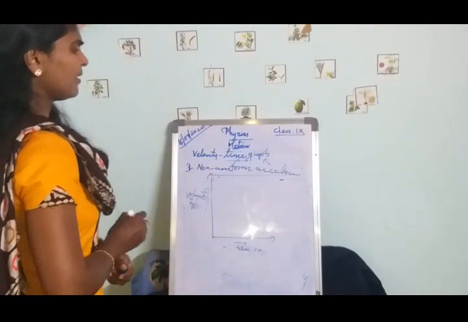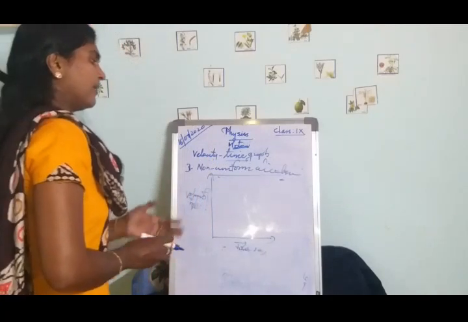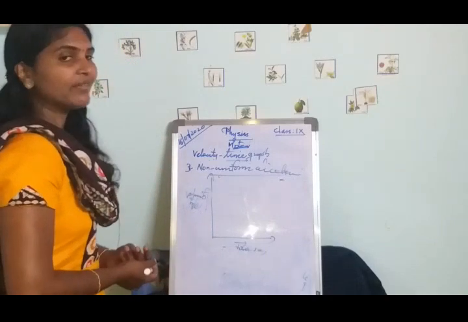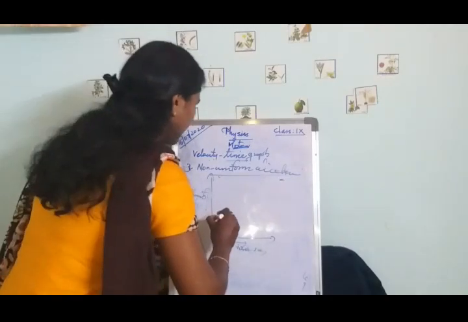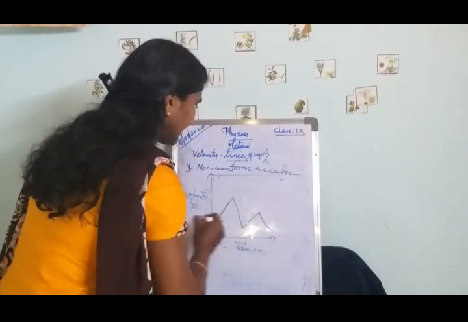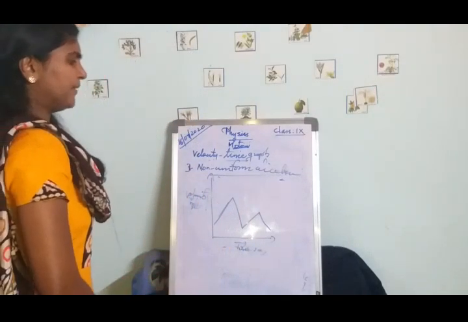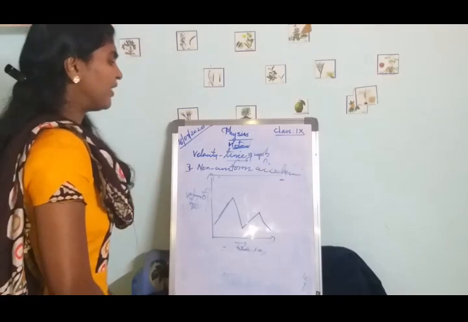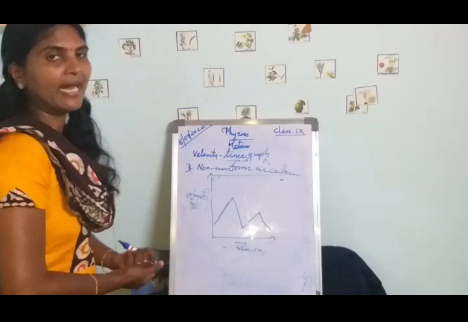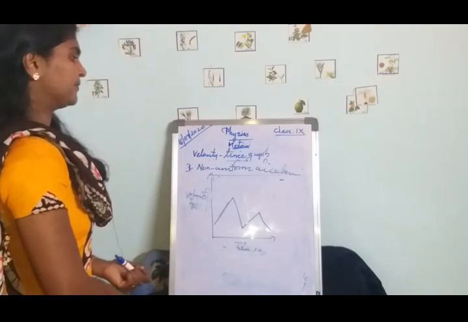When an object is in non-uniform motion, the velocity time graph can have any shape. We can draw any shape. This is the velocity time graph for an object in non-uniform acceleration. It can have any shape.